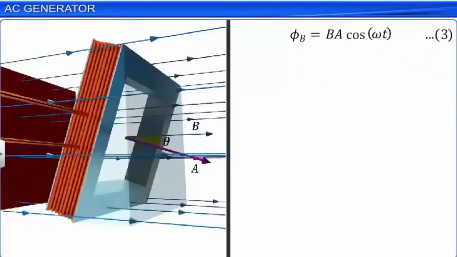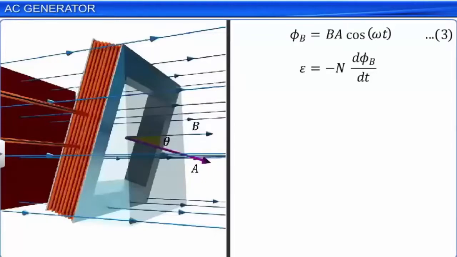From Faraday's law, the induced EMF for a coil of n turns rotating in a magnetic field is given by E is equal to minus n d phi B by dt. The negative sign is in accordance with Lenz's law.